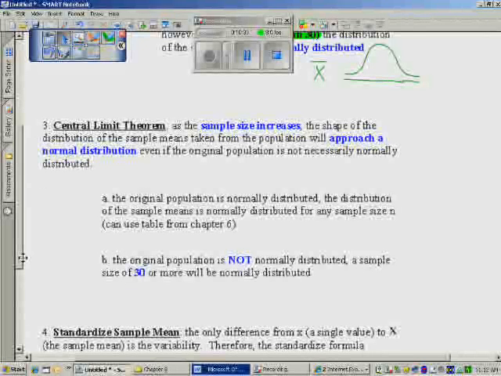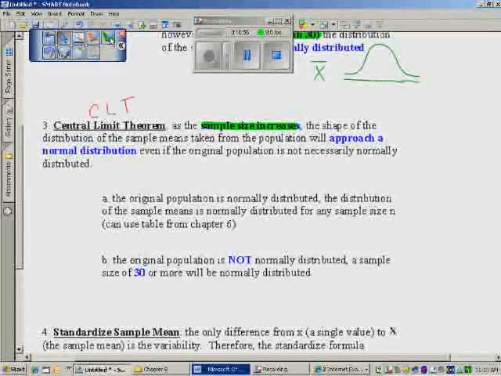As the sample size increases, we want larger and larger sample sizes, the shape of the distribution of sample means, when I take x bar and plot it in a histogram, will approach a normal distribution, even if the original population is not normally distributed. We sometimes abbreviate this as the CLT.